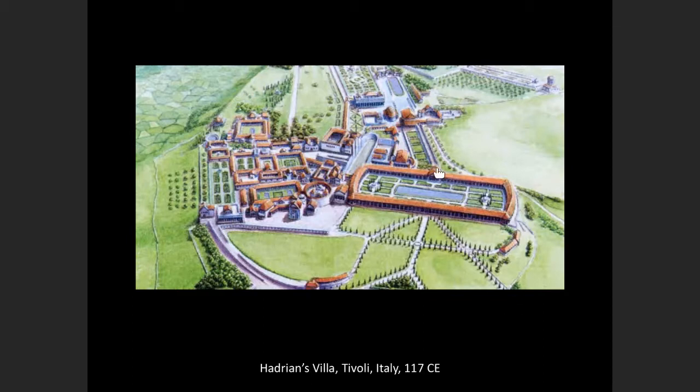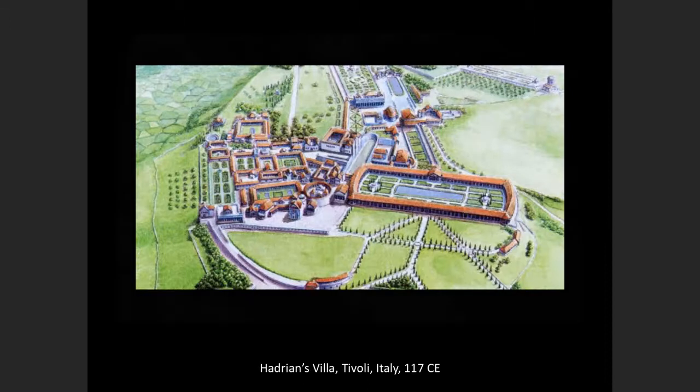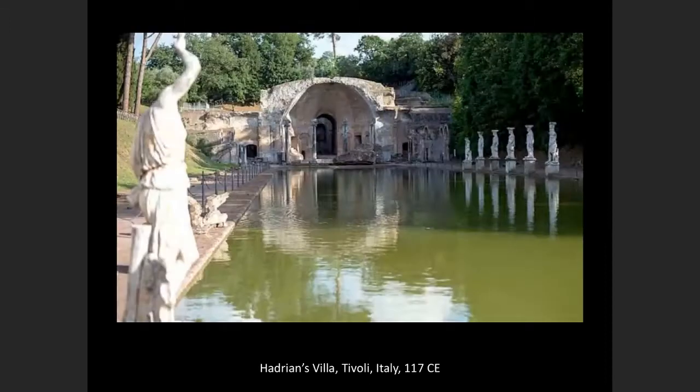One of the most significant elements is right here in this graphic reconstruction of it. And you can see the same symmetry and axial planning that we see in Renaissance architecture. And the main highlight is this reflecting pool here that was flanked by caryatids. Remember caryatids from Greek architecture.